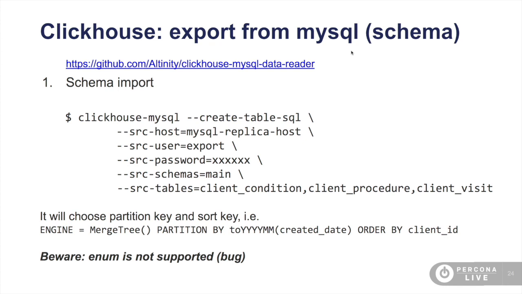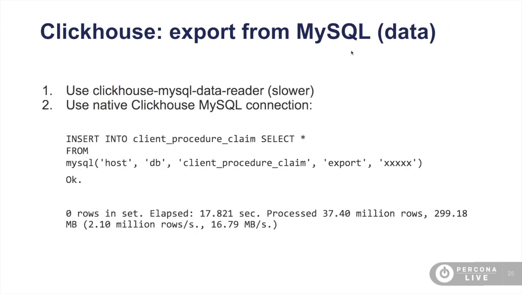So the next step will be to load the data. There are two options here. The first option is to use the ClickHouse MySQL data reader, which turns out to be extremely slow, but it actually can retrieve the data and load it into ClickHouse. What I found the easiest and fastest is to use the ClickHouse native way of connecting to MySQL.